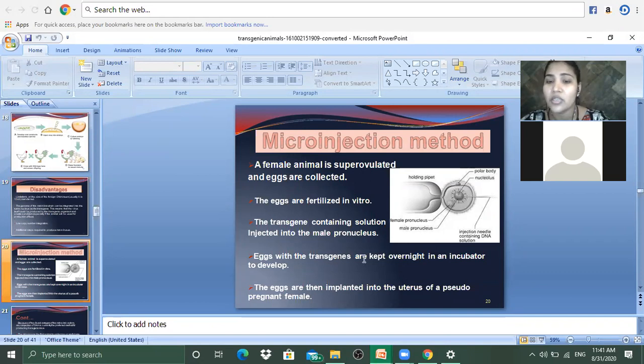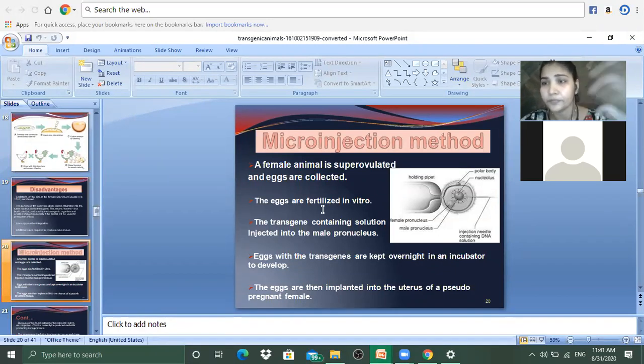Eggs with the transgene are kept overnight in an incubator to develop, and the eggs are then implanted into the uterus of a pseudo-pregnant female. What do you mean by pseudo-pregnant? She is not pregnant, but her body is prepared to be pregnant.